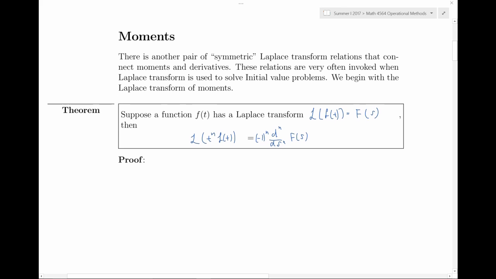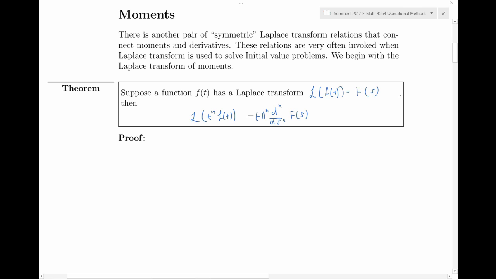The proof of this theorem is interesting because the proof approaches the problem completely backwards. So instead of taking the Laplace transform of t to the power n f of t, let's do it differently. We're going to take a derivative of F of s.